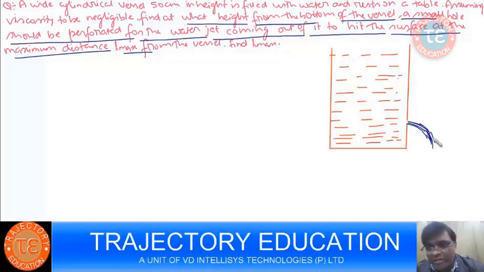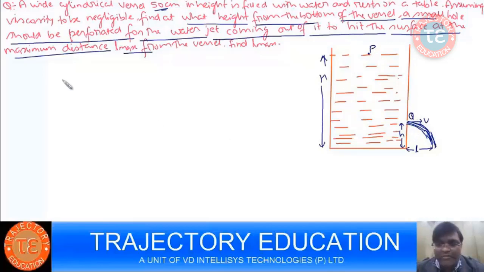a hole such that this L is maximum. We are asking about small height h, and suppose capital H is given to you, that is 50 centimeter. So first of all, let's find the velocity. Let's take point P over here and point Q over here.